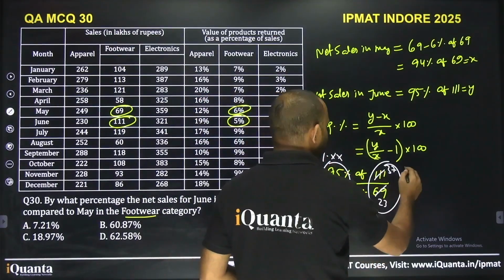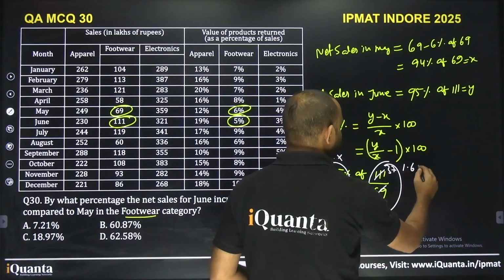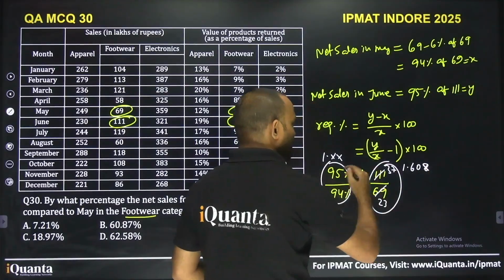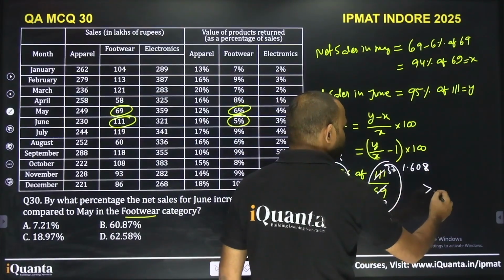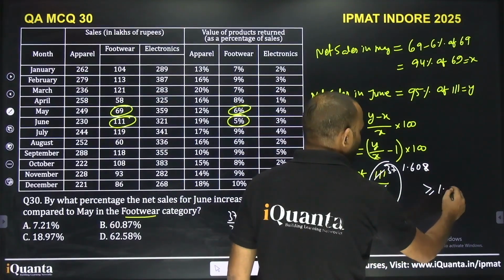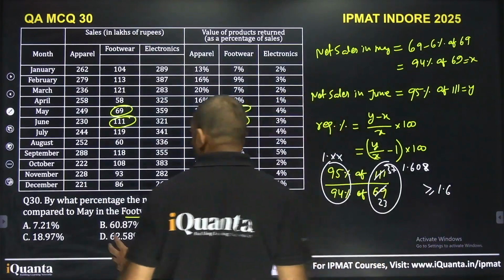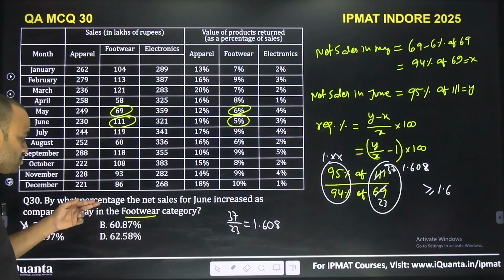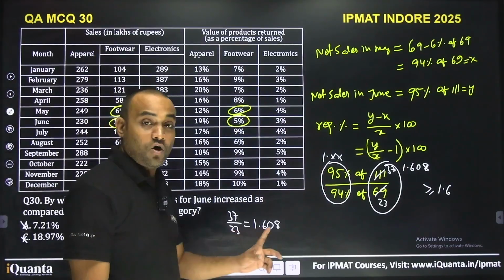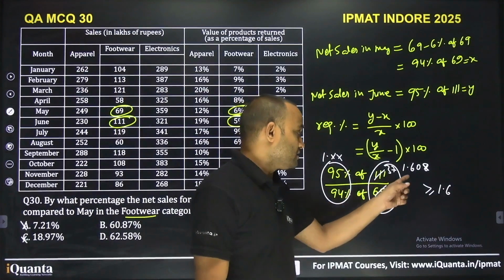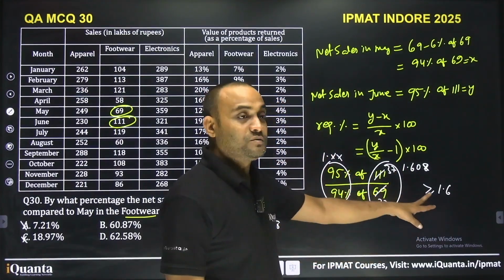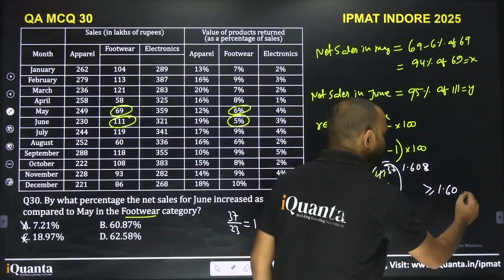This value is 1.608 or something. Now if you multiply these two values, the result must be greater than 1.608, whatever the options are. You can see these two options are definitely not applicable, but these two options are very close. We already see that this is 1.608 and this is 1 point something, so the product will definitely be greater than 1.608.